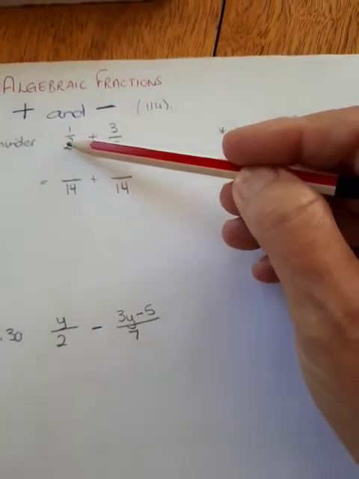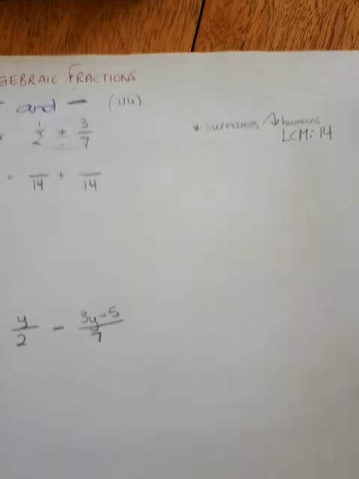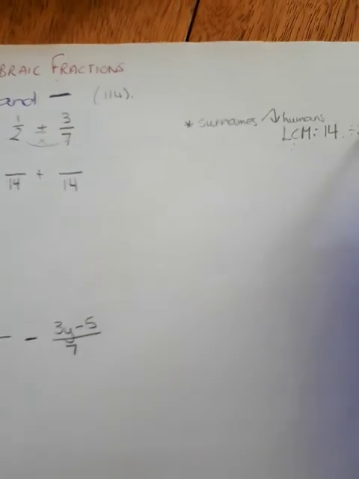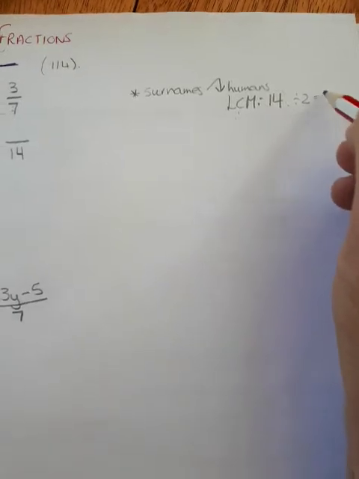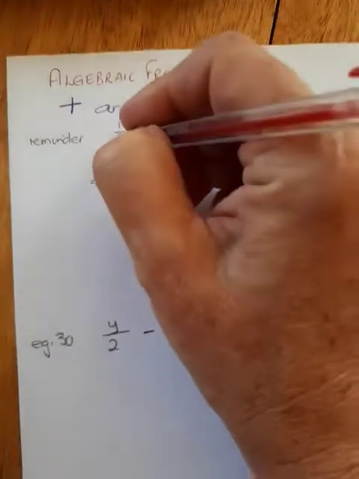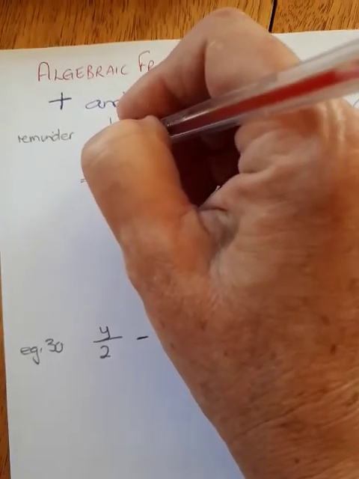Basically, you ask yourself 2 times what is 14, or you simply divide the lowest common multiple by the denominator. 14 divided by 2 gives me 7. And then importantly, I multiply the denominator by 7.